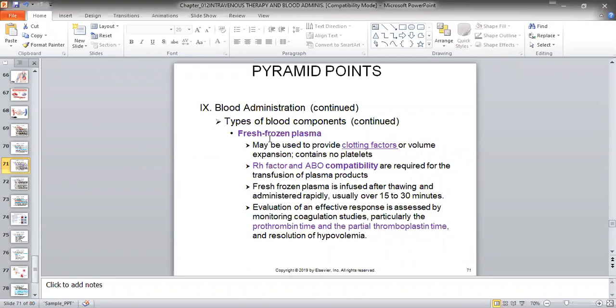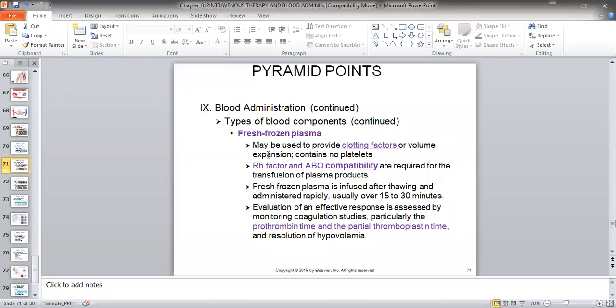What is the most important information you have to know for the NCLEX board? The RN must always be present before blood or blood product administration, right? And also don't forget, blood is verified by two nurses, right?